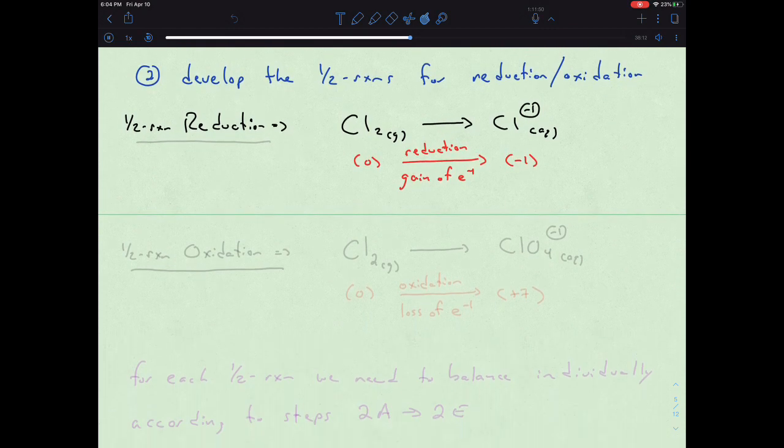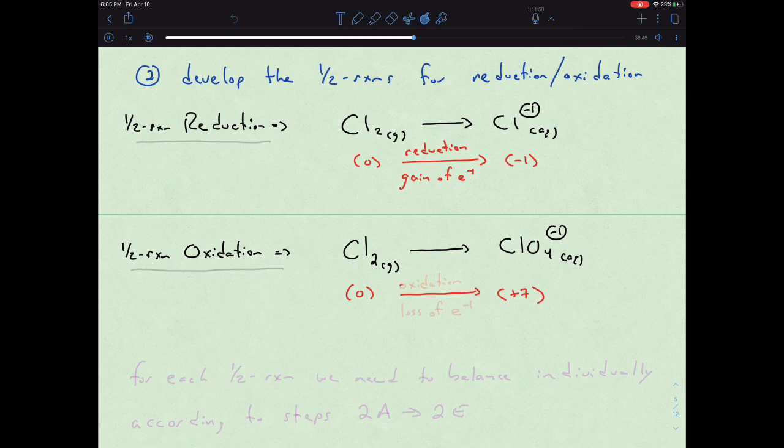And then we now also have the half reaction for oxidation. Looking at, again, that same starting material, but now it's producing the perchlorate, the ClO4 -1. Starting from that 0 oxidation number for the chlorine, we then go to a +7 oxidation number for the chlorine.